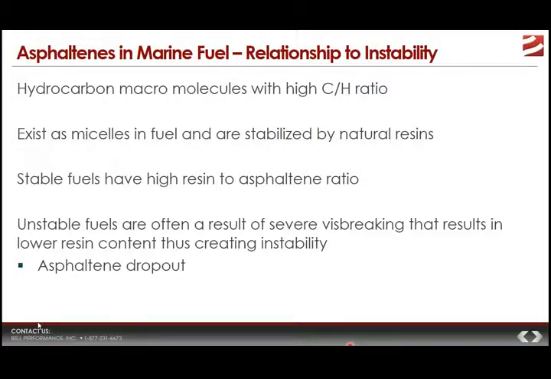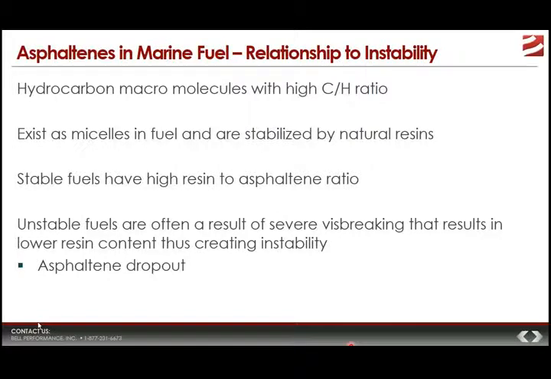You turn them into small ones. If you've been through any of our other trainings, we have talked a number of times about cracking processes and how those processes are what enable them to take the residual fuels and turn them into distillate fuels. Basically, to take large molecules and turn them into small molecules. And that's basically what they're doing here.